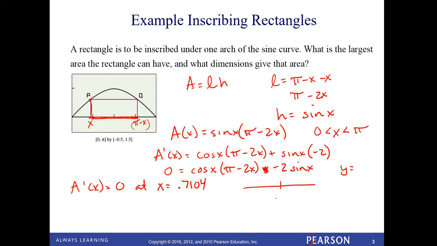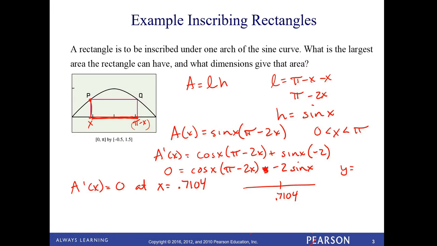We should always check to make sure that our critical point is a max versus a min. So if I put this into my function from 0 to pi, to the left of 0.7104 my derivative is positive. To the right is negative, so this is a max. So the x value is going to be 0.7104.